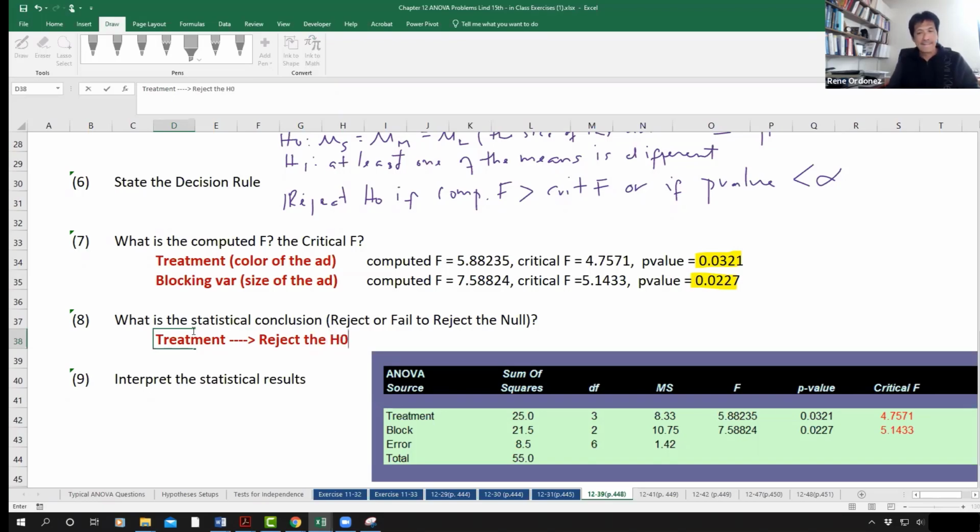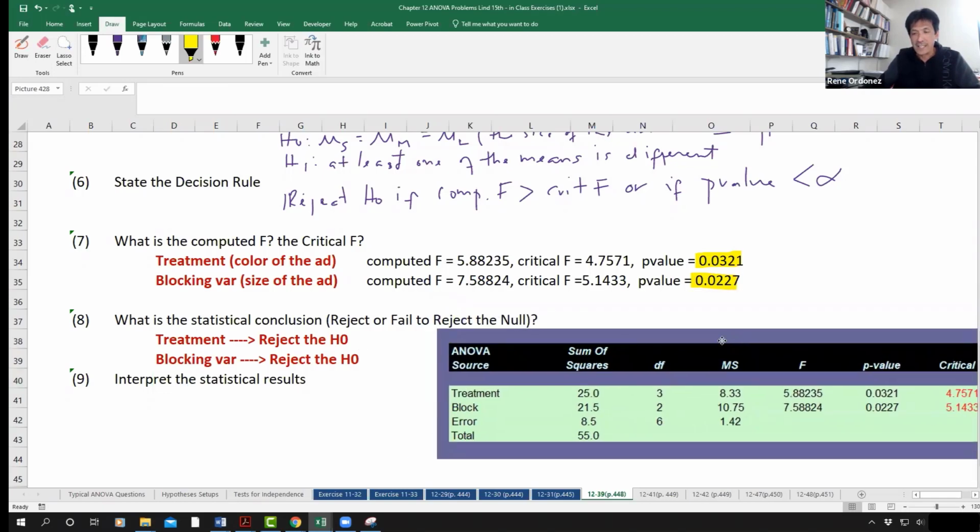Okay? And then for the blocking variable, we will also reject the null hypothesis. And that is at 0.05 significance level.